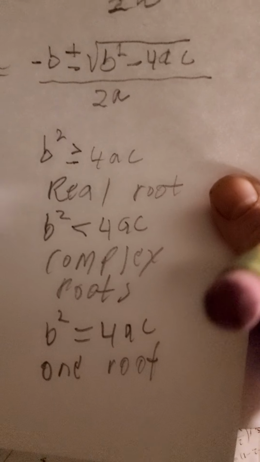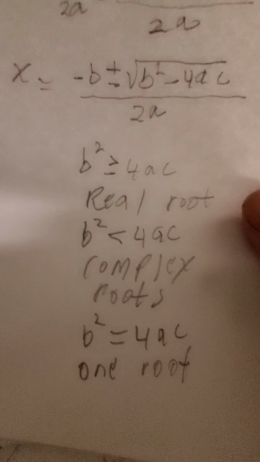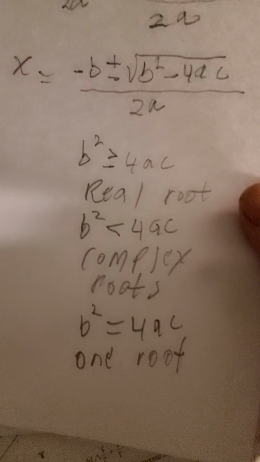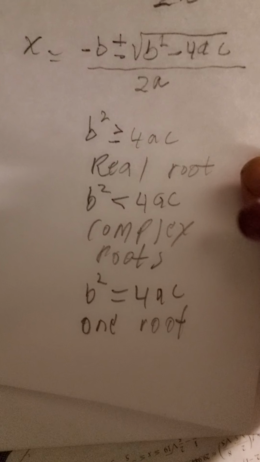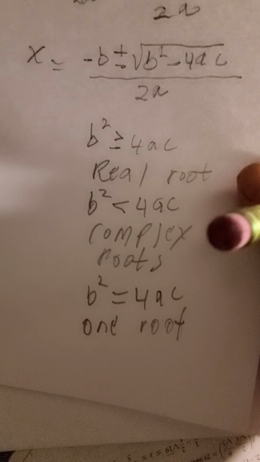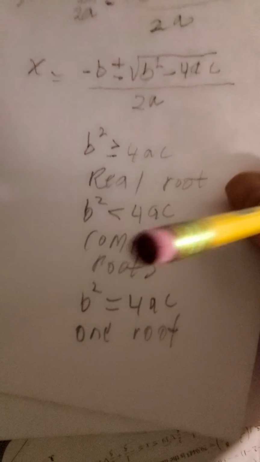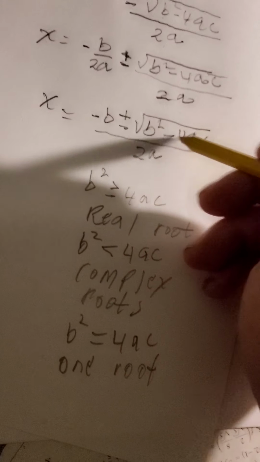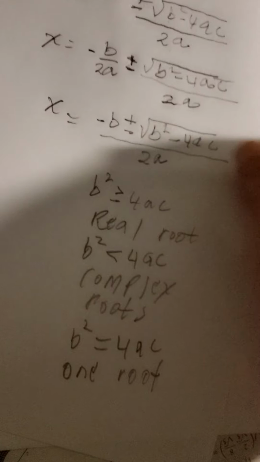Real roots, if b squared is greater than or equal to 4ac. If b squared is less than 4ac, you have complex roots. If b squared equals 4ac, you'll only have one root because this will go to 0. Okay, so now I'm going to write that formula again.